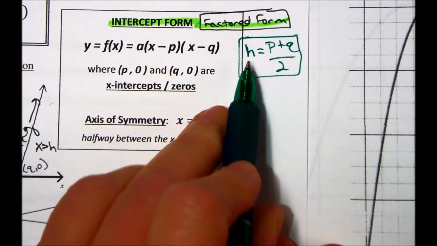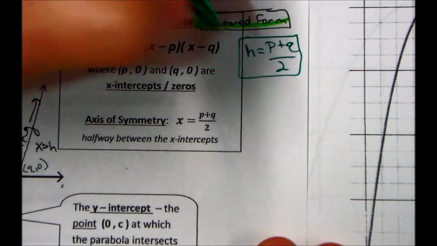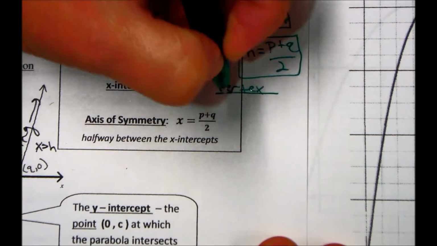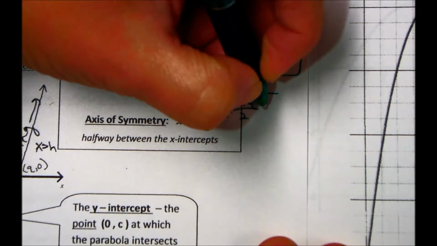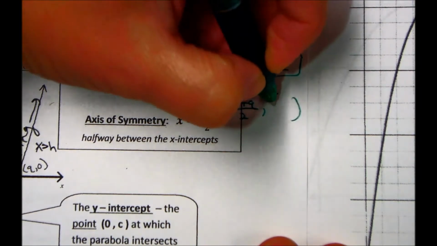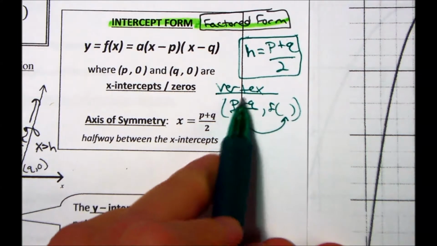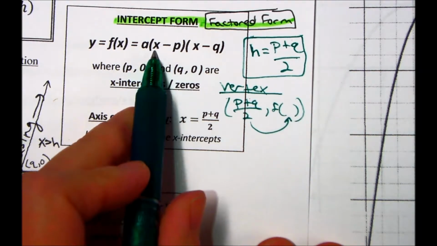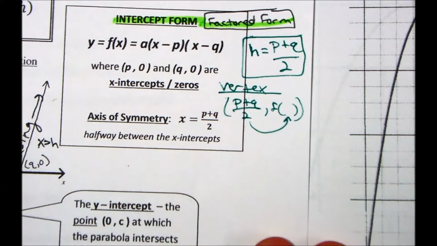Once again, h represents the x-coordinate of the vertex. So your vertex is the point p plus q over 2, and then the function at that value. When you figure out what this value is, you plug it into the equation for x and simplify, and that will give you the y-coordinate of the vertex.